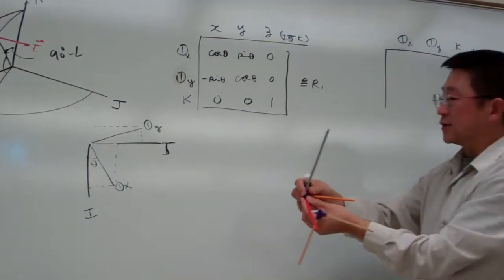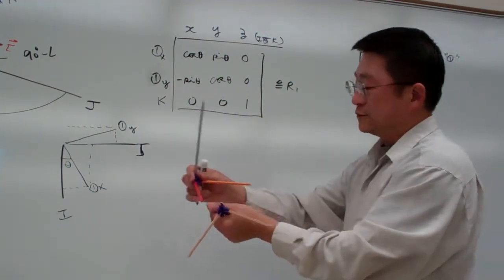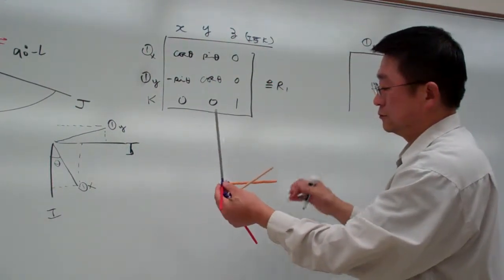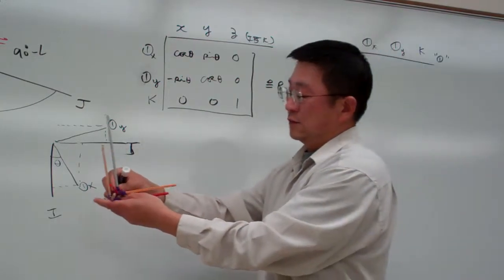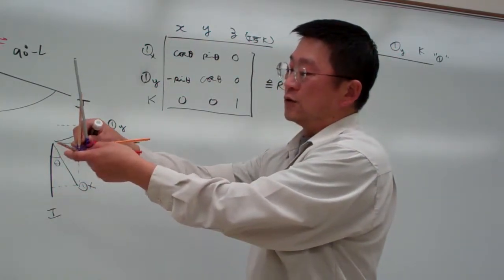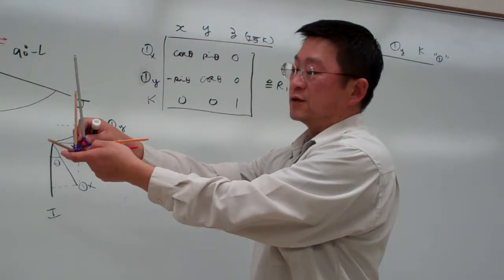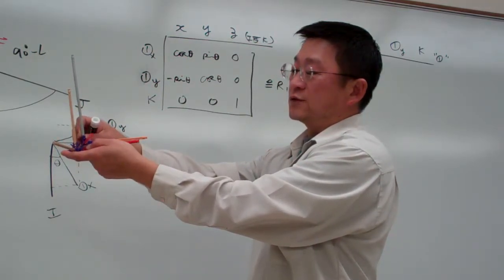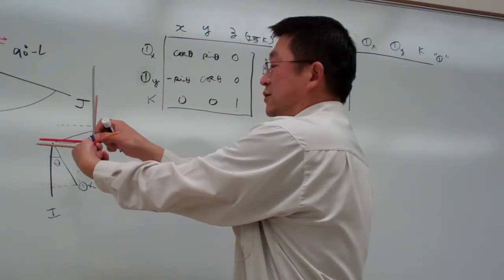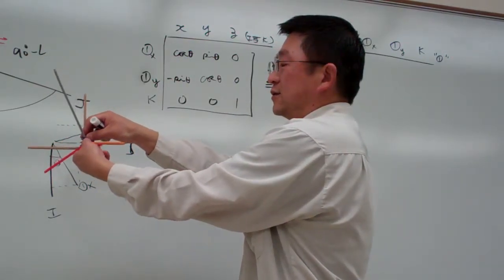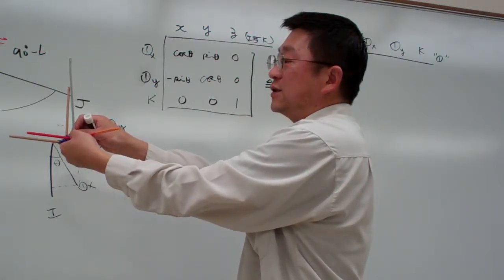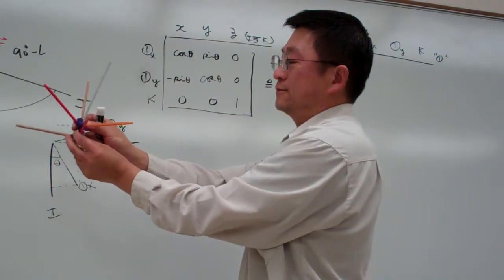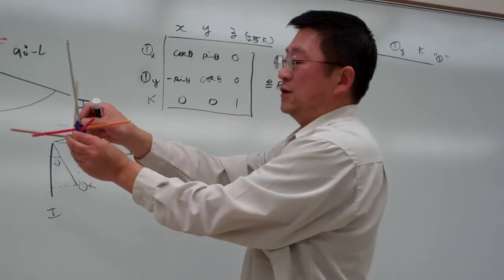So here we can say in the new system, that is our original, the result of the first operation. So right now we want to rotate by this. Okay, so original z axes are aligned, and right now we simply rotate in this way.